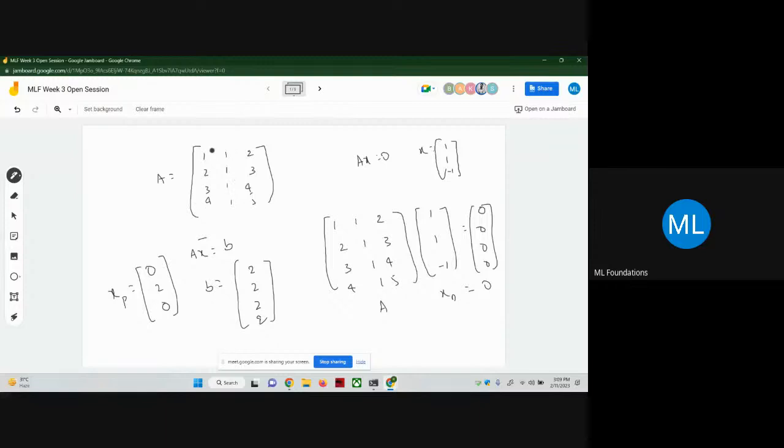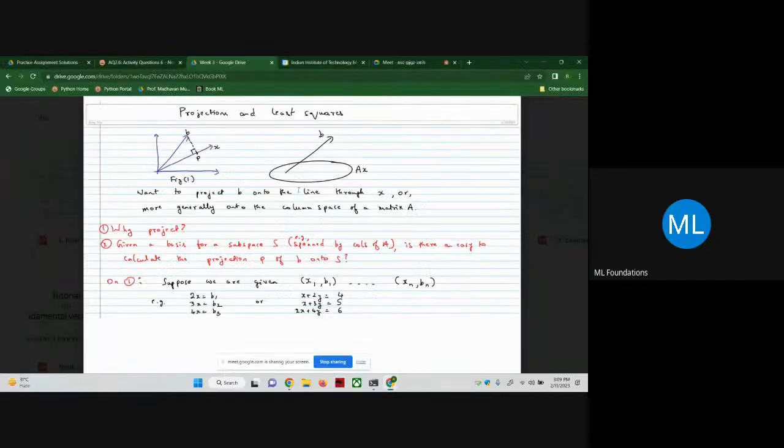Since it is a two-dimensional subspace in R4, not all the vectors in R4 will belong to the subspace. So there are going to be some vectors which do not belong to the subspace.